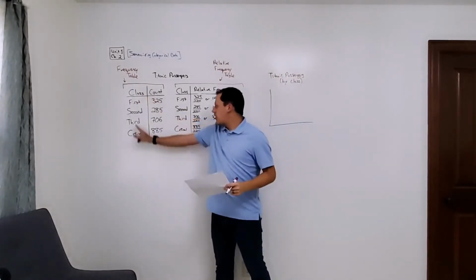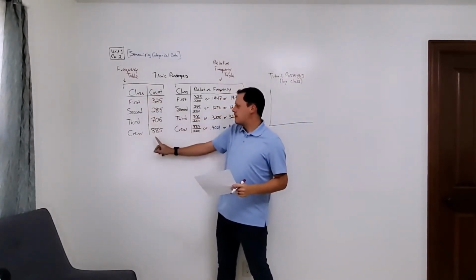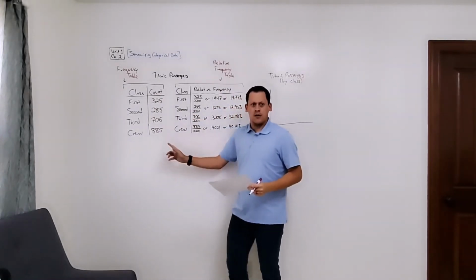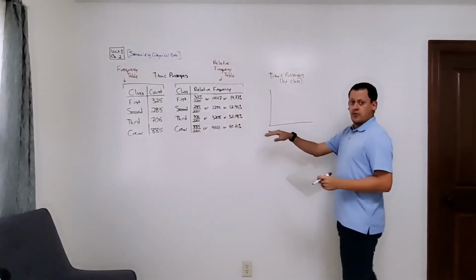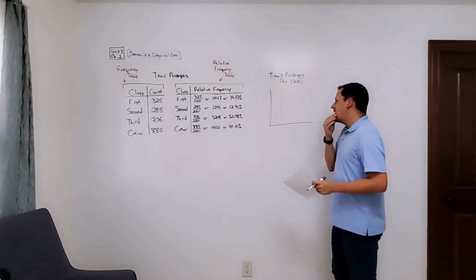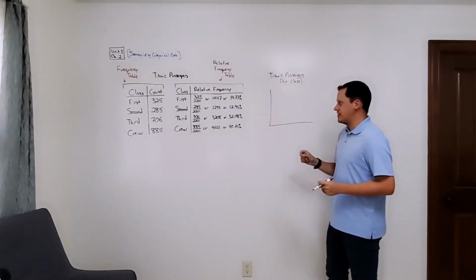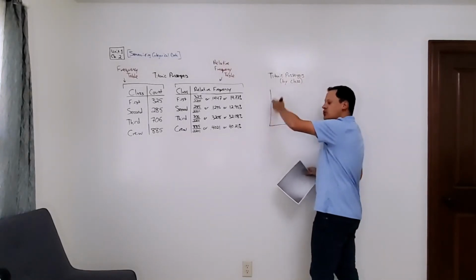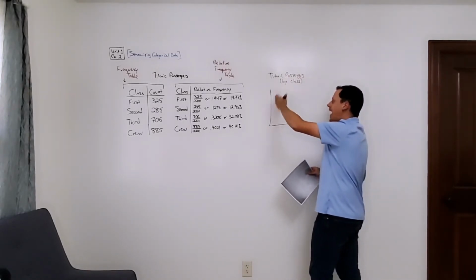We've got our classes and we've got frequencies or counts. So those two variables are going to go on the two axes, the x and y axes, and the frequency or count is usually reserved for the y-axis.